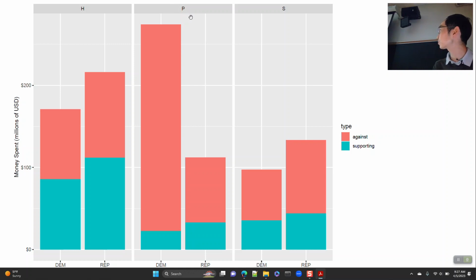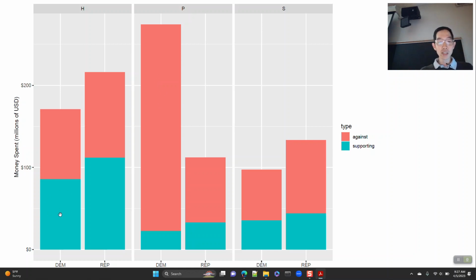This is money for the presidential race. This is money for the Senate, okay? And what we see is that the money spent on the presidential race dwarfs everything else, right? There was a lot of money going against the Democratic presidential candidate, going against Obama, okay?